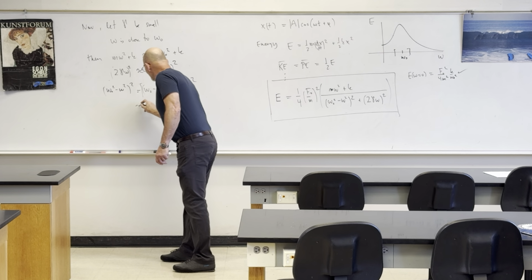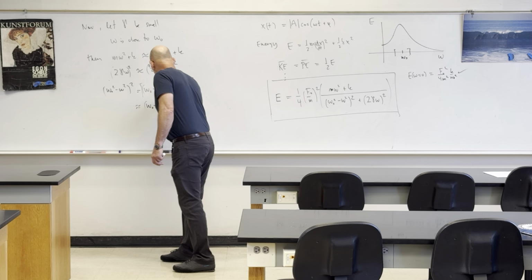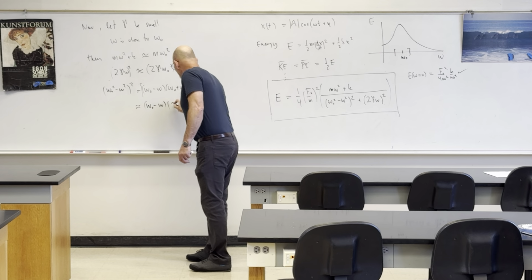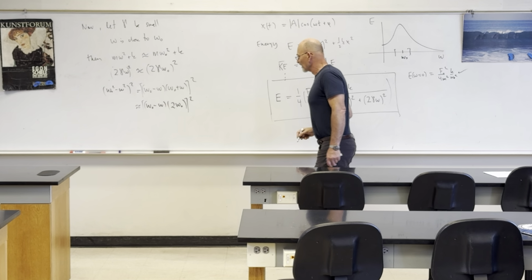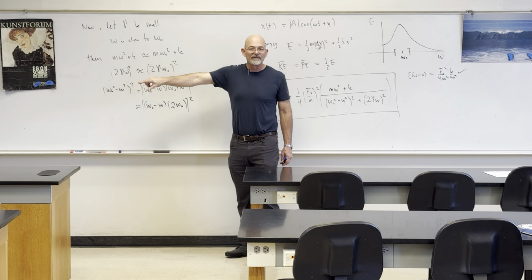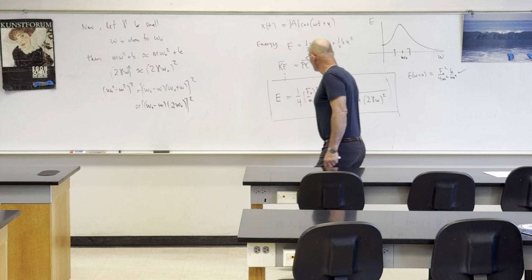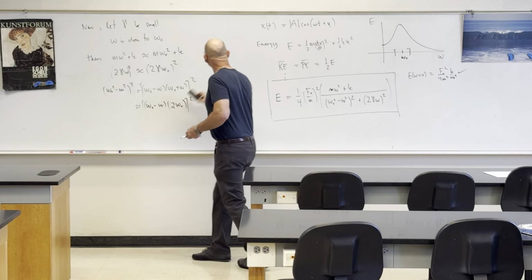And the approximation we're going to use here is that omega naught plus omega is approximately 2 omega naught. And we're going to square this. We can do this because it's this difference here that's controlling the whole behavior of the thing. Okay. And then we're going to go ahead and plug these approximations in and see what happens.